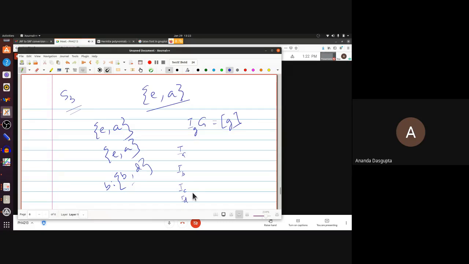I did mention there that those are inner automorphisms, but we will talk about them later. IA is simply a map which maps G into AGA inverse. IB maps G into BGB inverse, and so on. And if you apply IA on the entire set, the resulting elements will be the conjugacy class.